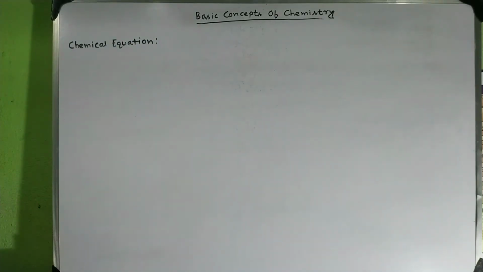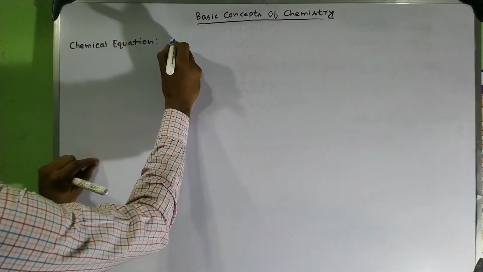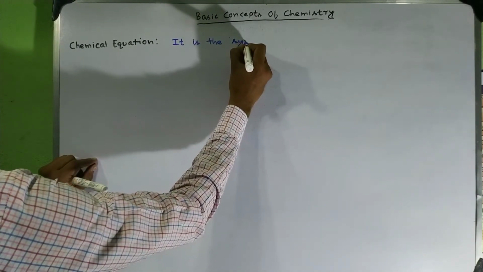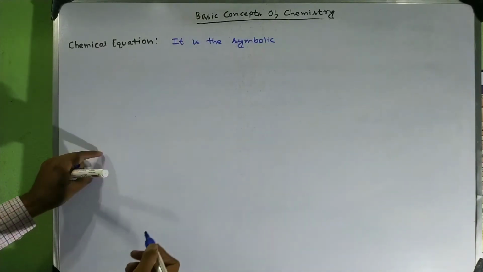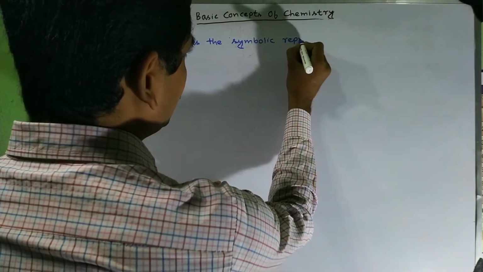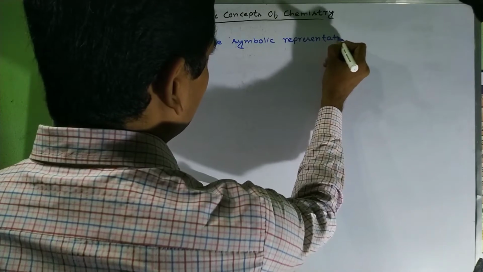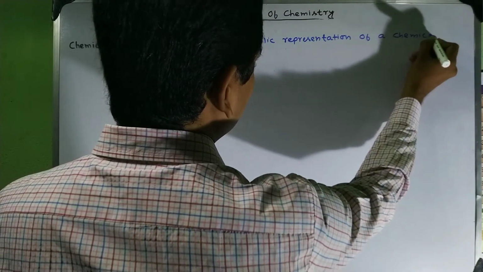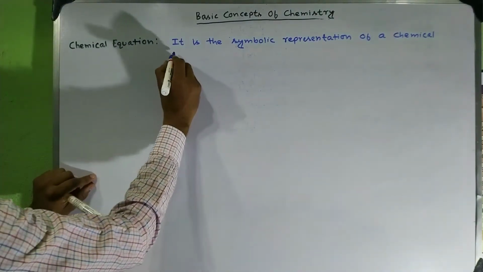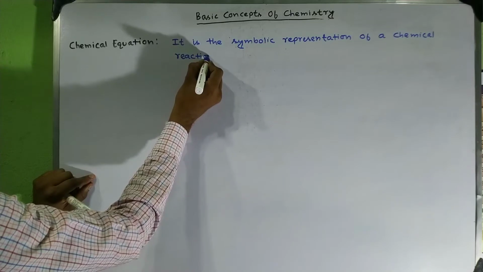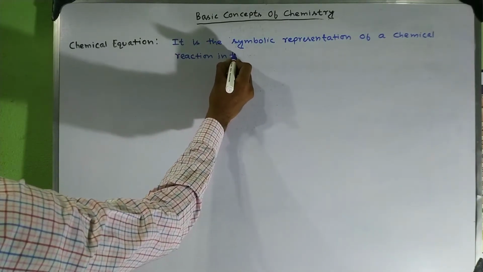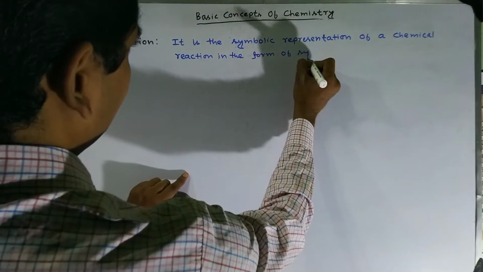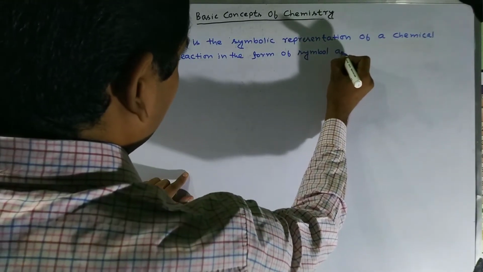What is a chemical equation? It is the symbolic representation of a chemical reaction in the form of symbol and formula.